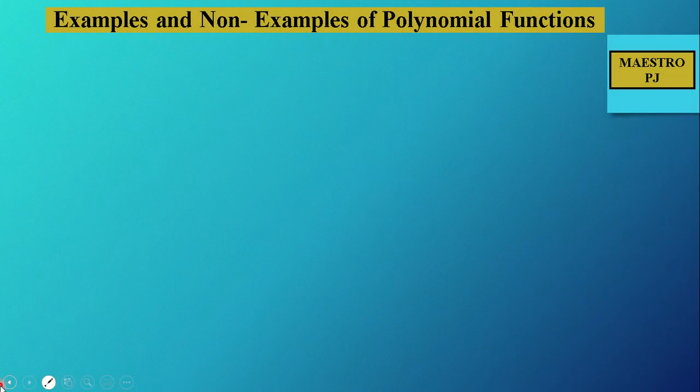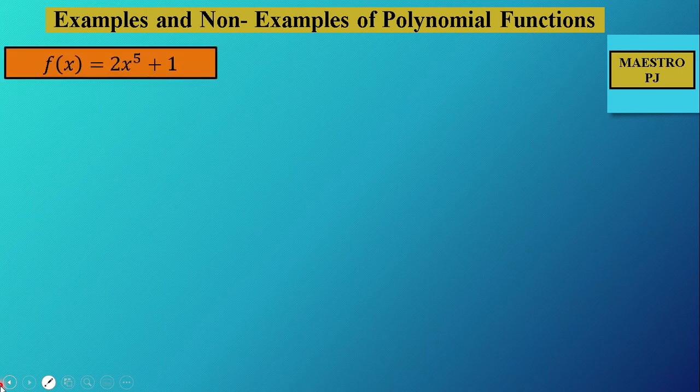Okay, so let's have examples and non-examples of polynomial functions. First example, f of x is equal to 2x to the 5th plus 1.